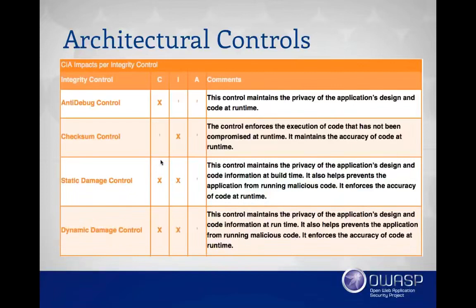With dynamic damage control, the idea is that code or data is damaged while it's on disk, and when it's brought into memory it's repaired back to its original state before execution. You can execute that code, but afterwards you immediately re-damage that code or data while it's sitting in memory. In the case of the malware, the attacker was able to conduct a binary attack within the memory space. Had they been applying some form of dynamic damage control, they would have been able to stop the memory scraping from happening.